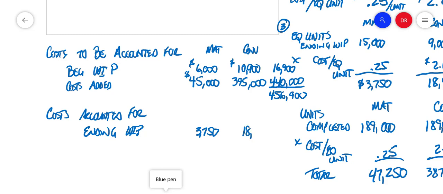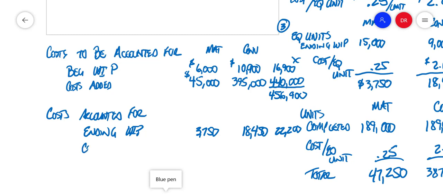This comes from number 3 that we did. We have a total then of 22,200. Then we're going to have units completed.